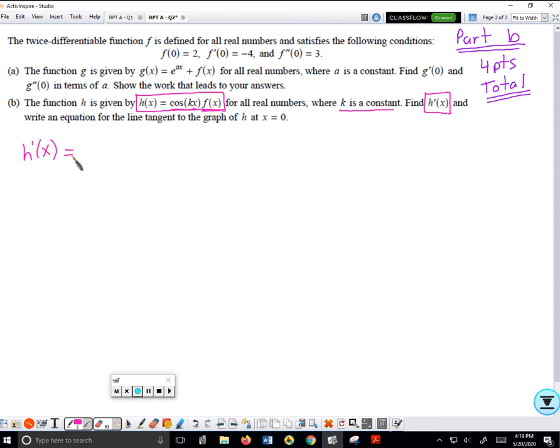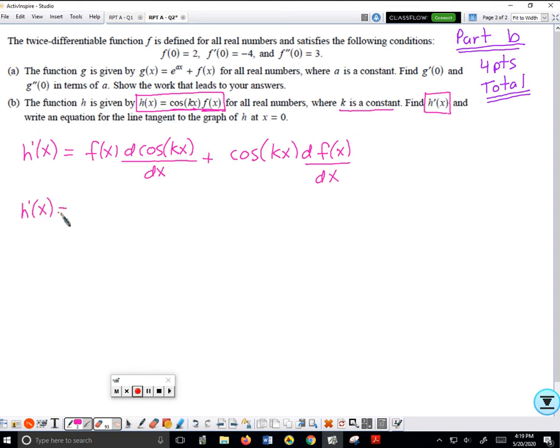It's going to equal the second function f multiplied by the derivative of the first plus the first function multiplied by the derivative of the second. So now h prime of x is going to equal f of x. Okay, using Susie's circle, the derivative of the cosine is -1 times the sine.